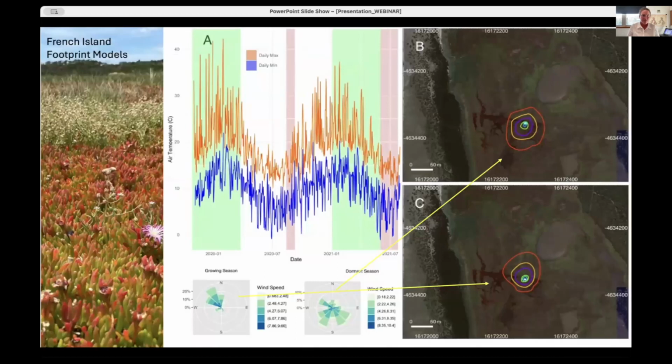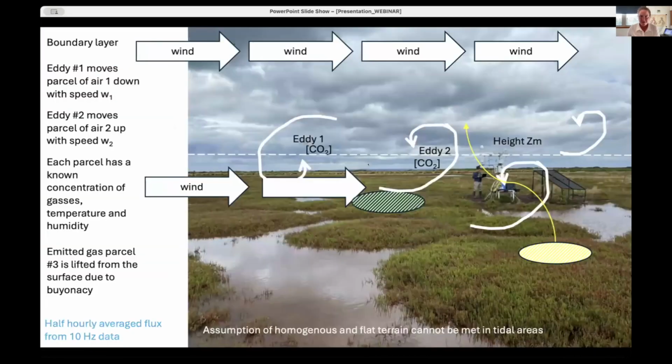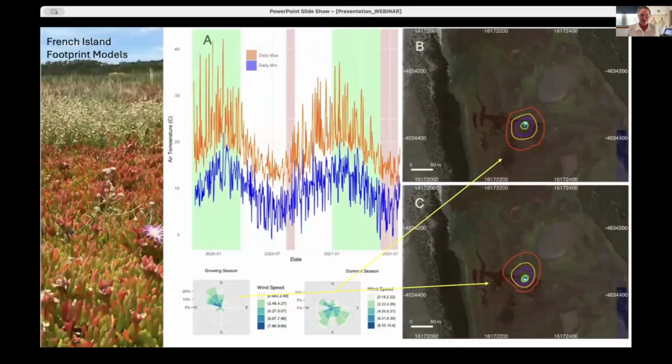So if I look at French Island and I think about these eddies and how air is rising and coming down, I'm wondering where the air is coming from. And I can trace back these eddies through computation back to their origin. You can see here, I've marked the origin. When we add those origins up, we call that the footprint of the tower.